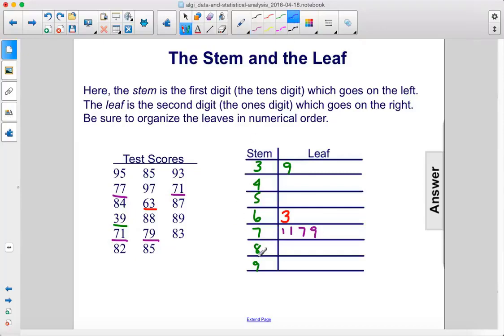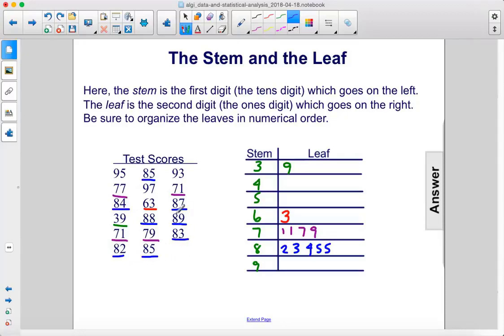Alright, so for 8s, we have 85, 84, 87, 88, 89, 83, 82, and 85. So the lowest number is 82. Then we also have an 83. We have 84. We have two 85s.